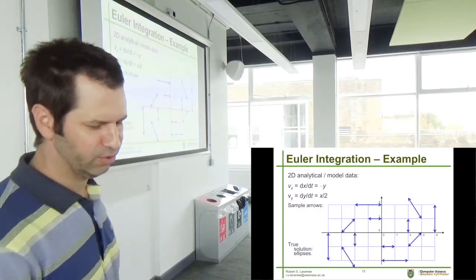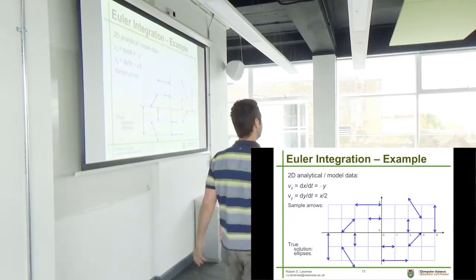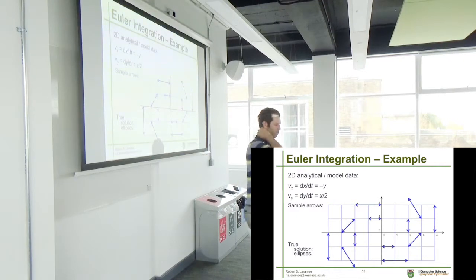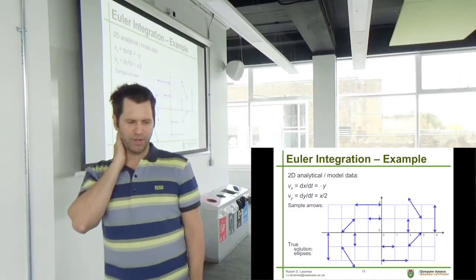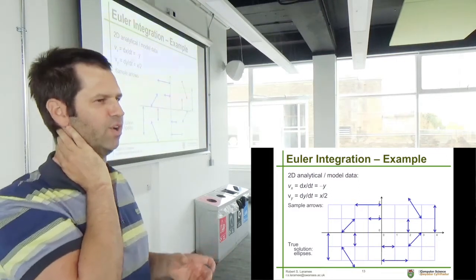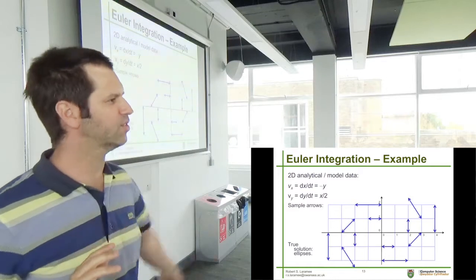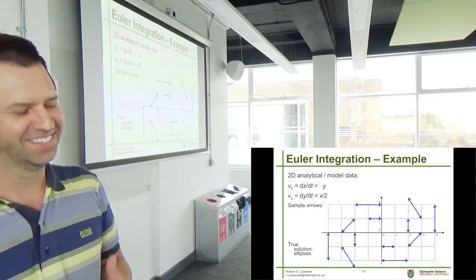That's a little preview. Here's an example of that. I'm going to show an example of computing a streamline, but I'm only going to go into details about computing a few steps, not all of the steps, because it would take a long time. This is what computers are for.